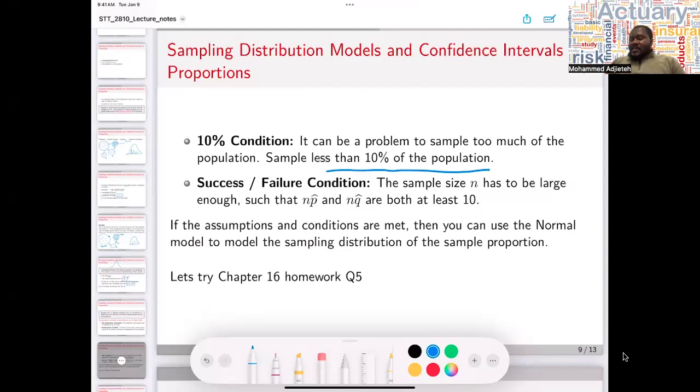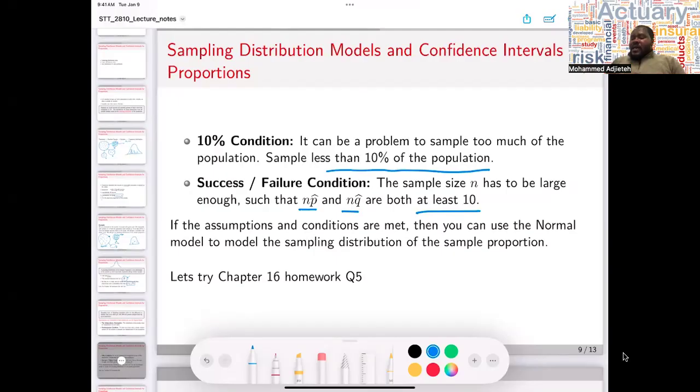And then the last condition is that as the sample size gets larger, n times p and n times q should both be at least 10. Is that okay?